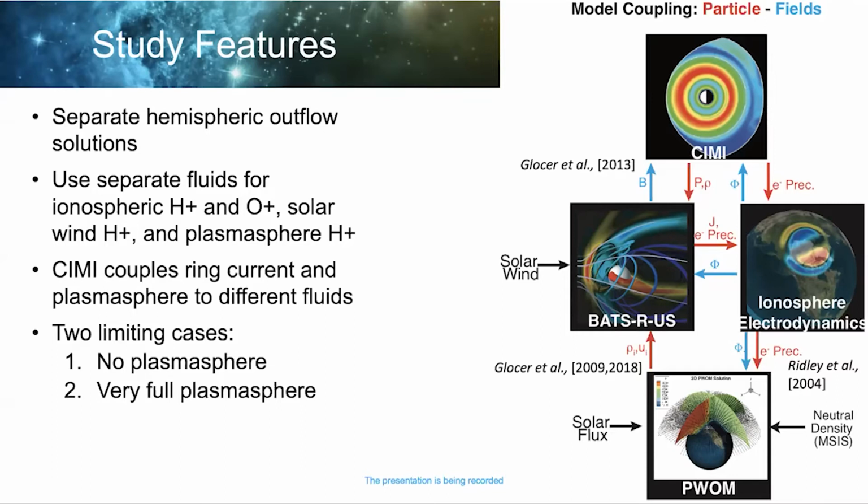And we've expanded the SIMI coupling, as I've said. So to test the effect of the plasmasphere, we actually did our simulations twice, once with no plasmasphere included, and another with a very full plasmasphere, to test these two limiting cases. So we'll talk more about that a little later.